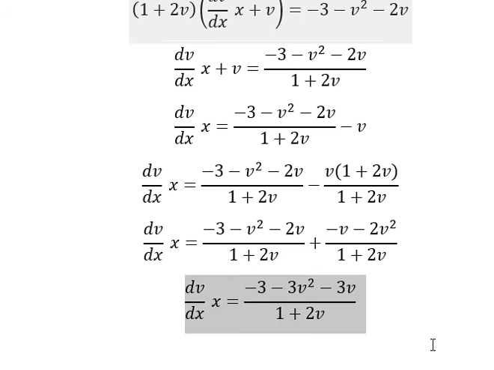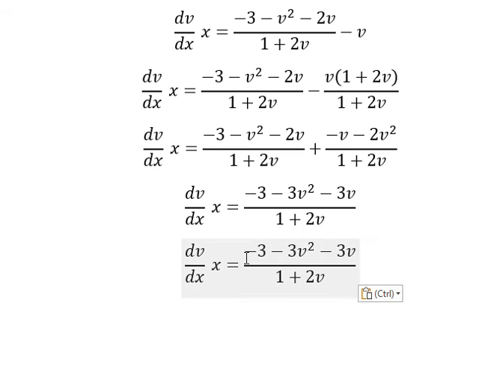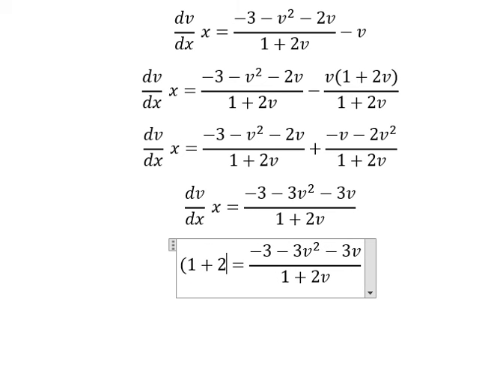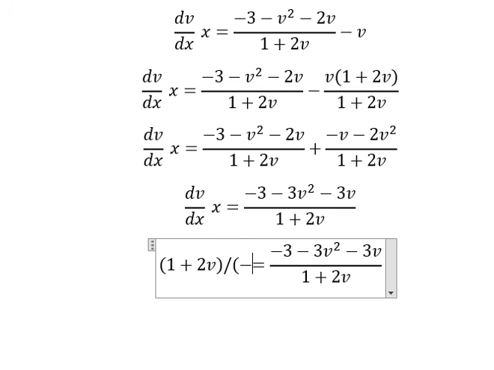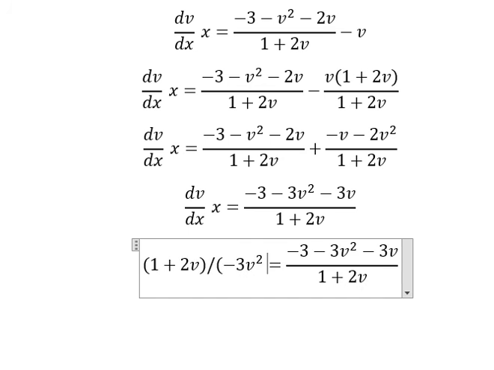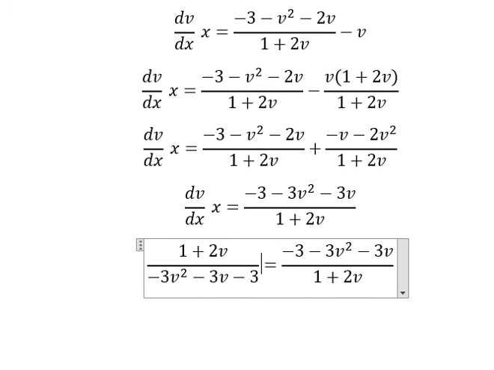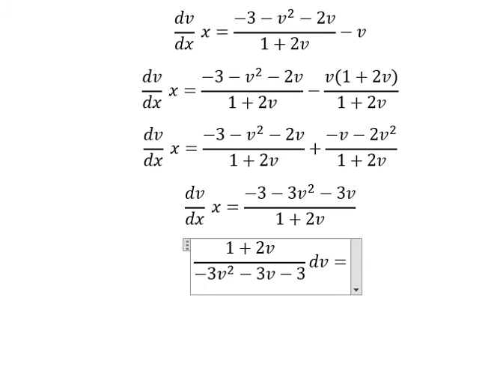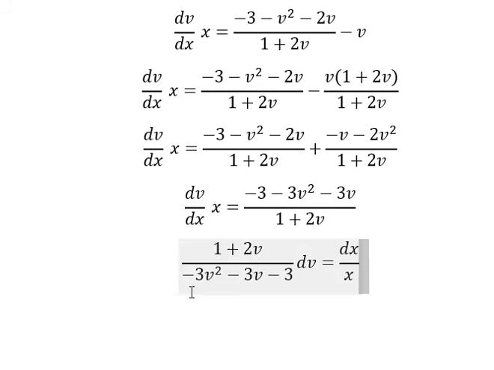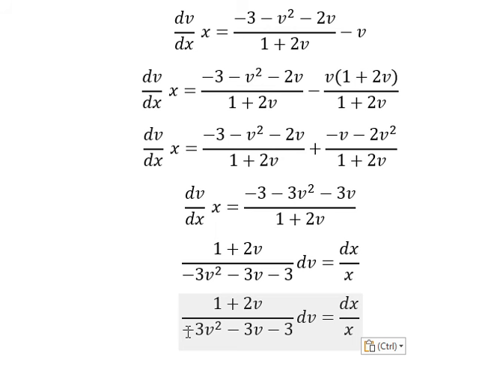Next, I will put this one go to the left, the x and dx will go to the right. Next, negative number 3, we can do factorization.